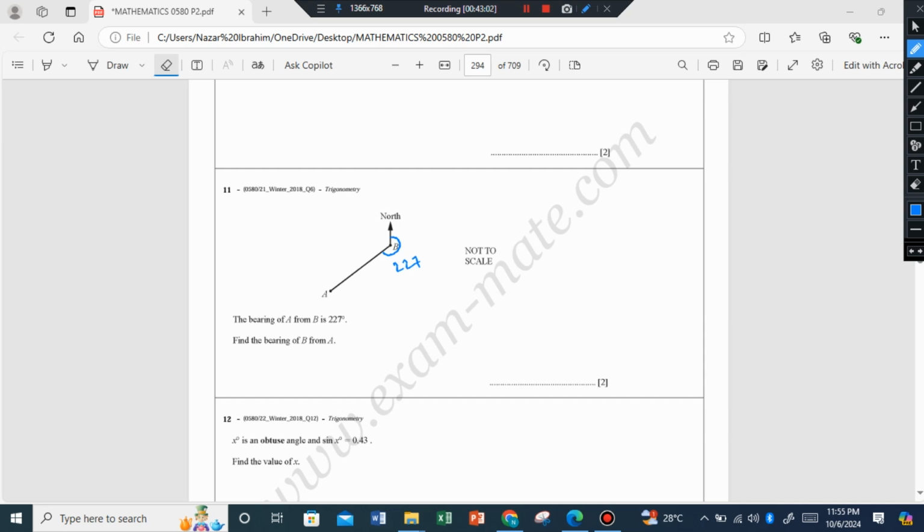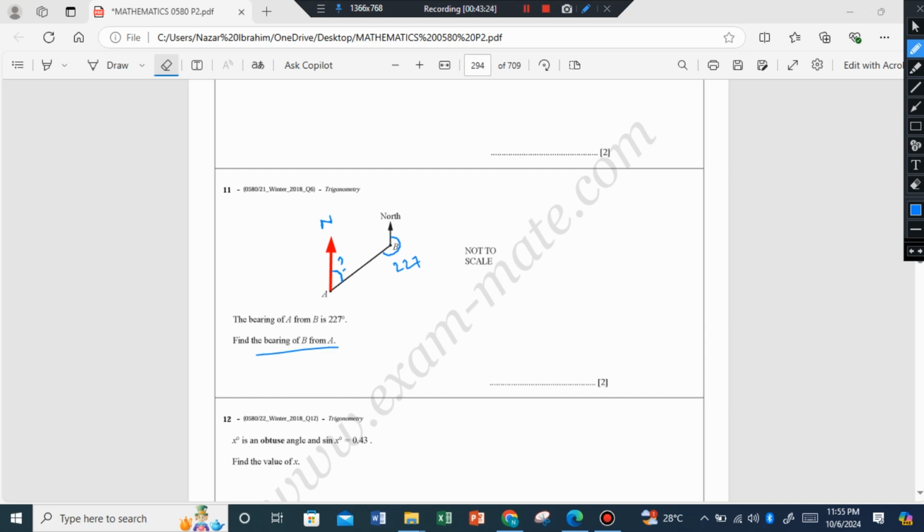We have to find out the bearing of B from A. It means I will be drawing a north at this point, because I have to measure the direction of bearing of B from A. This angle I need to calculate.